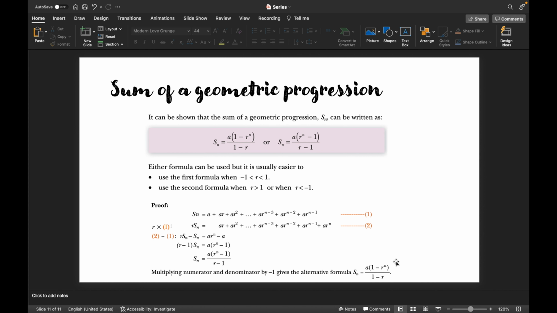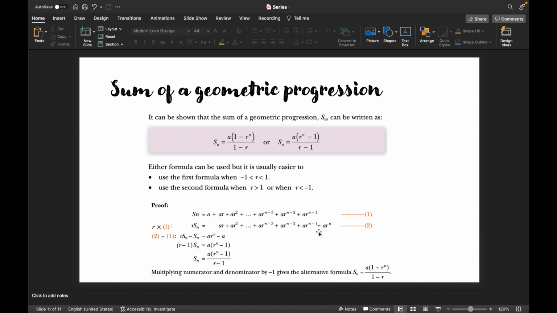Now let's go to the proof. First we'll write Sn as normal. Similar to arithmetic progression, here we have to write down each term and sum them up. So it's a plus ar plus ar squared, ar cubed, and so on. In the next line we'll write r times Sn. So we get ar plus ar squared, and so on. When we subtract 2 from 1, we get the following.